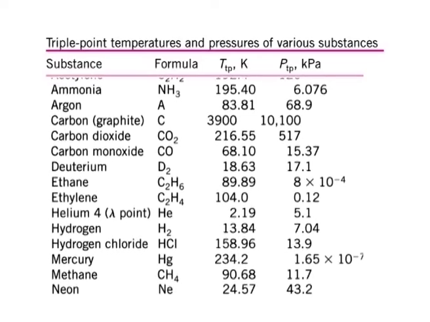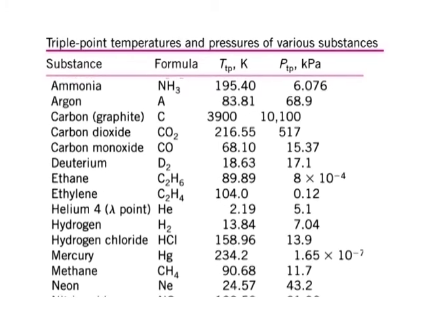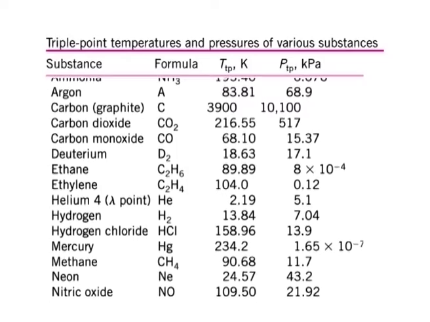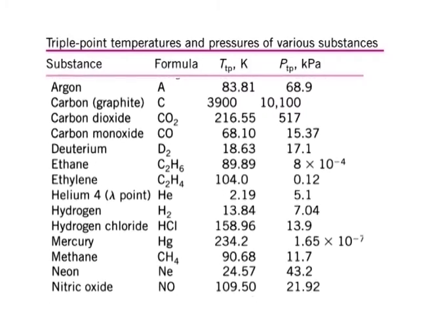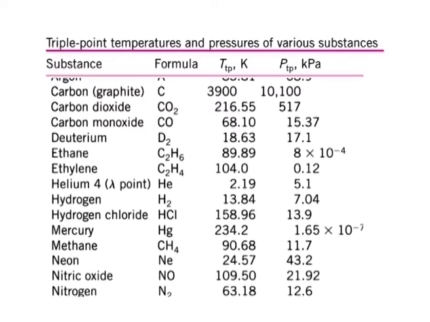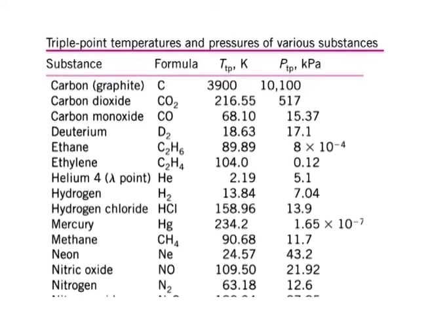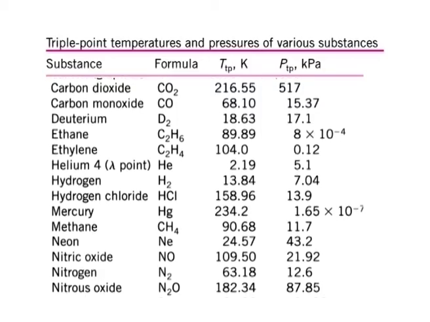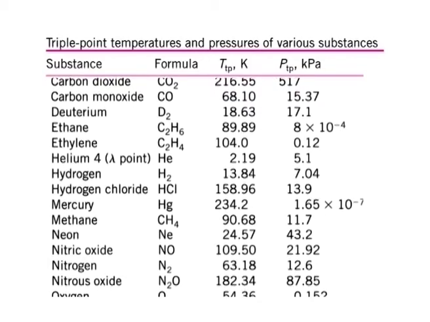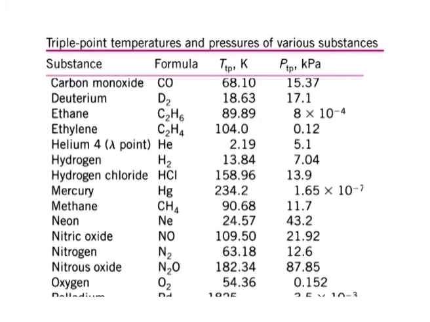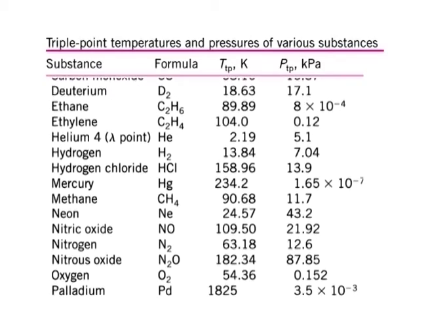That is, all three phases of water coexist in equilibrium only if the temperature and pressure have precisely these values. No substance can exist in the liquid phase in stable equilibrium at pressures below the triple point pressure. The same can be said for temperature for substances that contract on freezing.